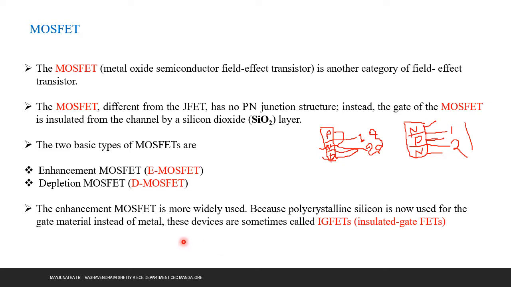These devices are sometimes called IGFETs, insulated gate FETs. Again, the reason is the same: because of the silicon dioxide layer at the gate, we can sometimes call the MOSFET an IGFET. So this is all about the introduction to MOSFET.